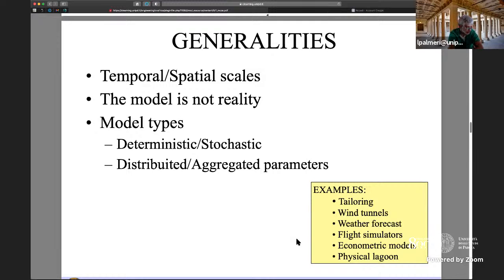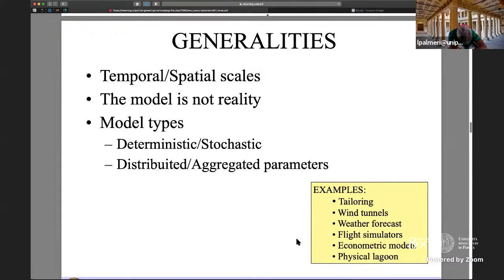For example, if you want to describe nutrient generation in a river system, you will select a temporal scale that is at least seasonal or annual, because, as you know from environmental engineering, the processes that govern nutrient generation are relevant on scales of seasons: according to the different season, so different climatic conditions, you will have different processes of nutrient generation.